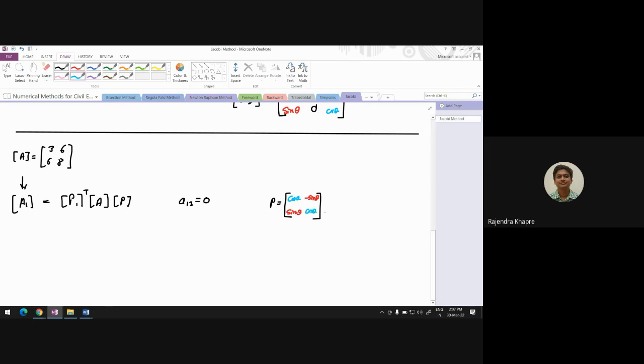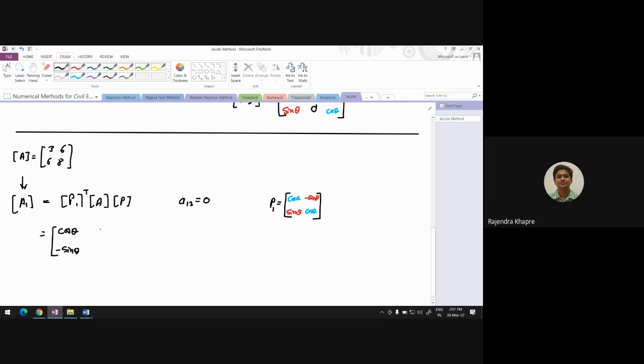Now I am just going to write down the expanded version of this. This is the transpose of P. Remember this is your P1. So I want to write the transpose of P. Here this will be cos of theta, and here it will be minus sin theta. I hope you understand the concept of transpose.